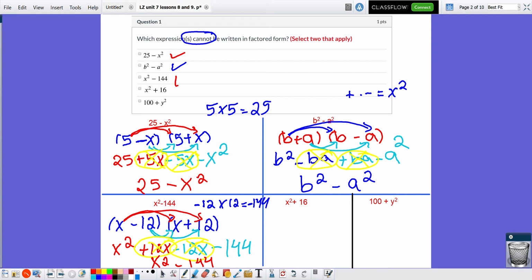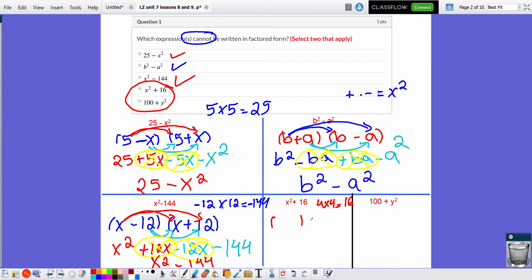This one also checks. So now I have only two expressions left, and we need to select two expressions. I already know that these two cannot be factored, but we can check that. So we know that 4 times 4 is 16, and we need positive 16, and we also have x squared.